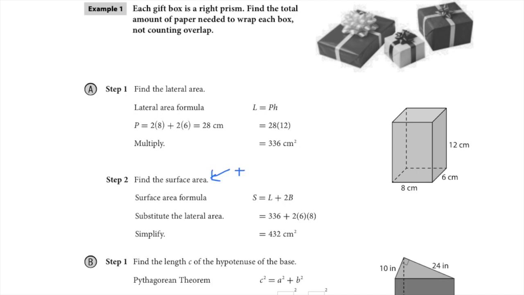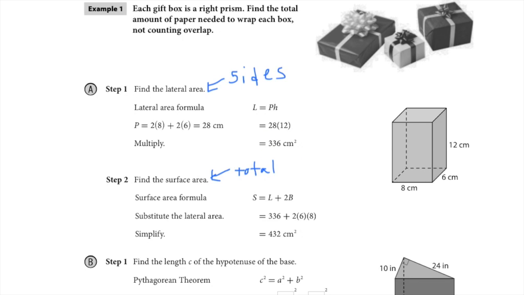Now we want to find the total surface area. And to do that, we're going to take the lateral area that we just came up with, which remember is just the sides, and plug that into surface area equals lateral area plus the two bases.